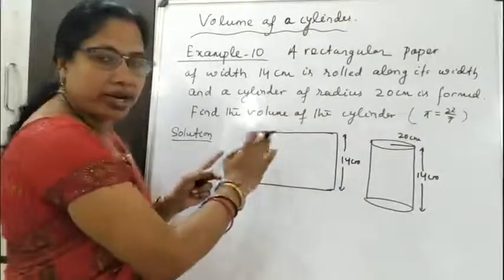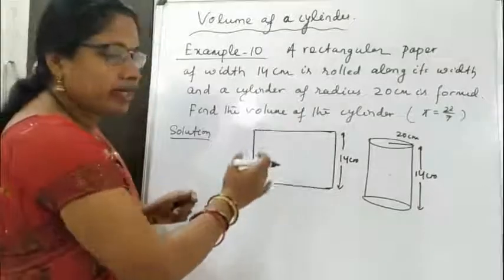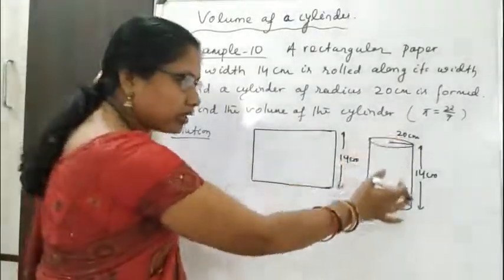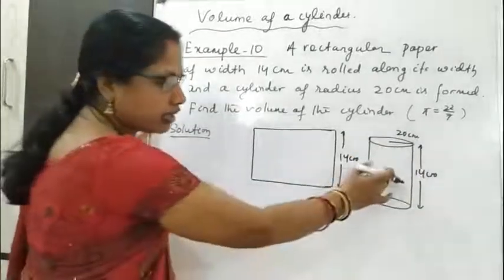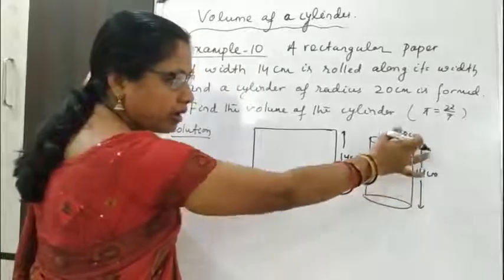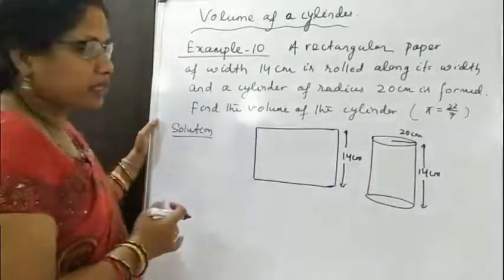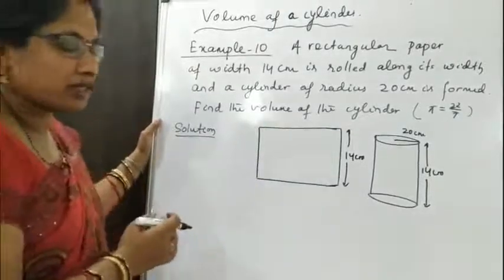If we roll a rectangular sheet of paper about its width, it will form a cylinder whose height is equal to the width of the paper. So this cylinder is formed having height 14 cm and radius of the base 20 cm. We have to find the volume of the cylinder.